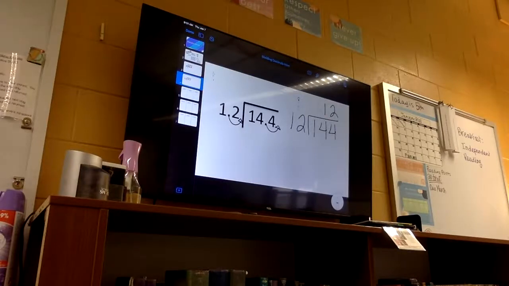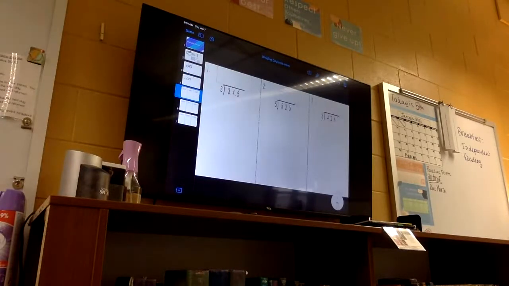Let's do number 1. Number 1 says 34.5 divided by 3. Remember, you look outside your house first to see if you have a decimal.